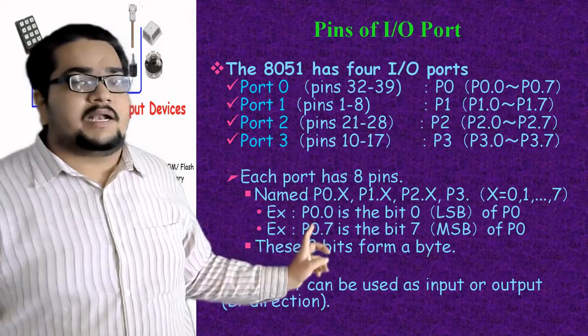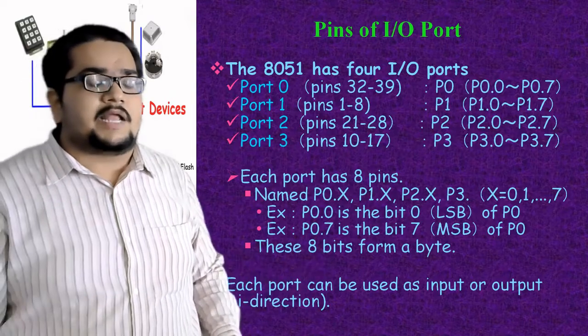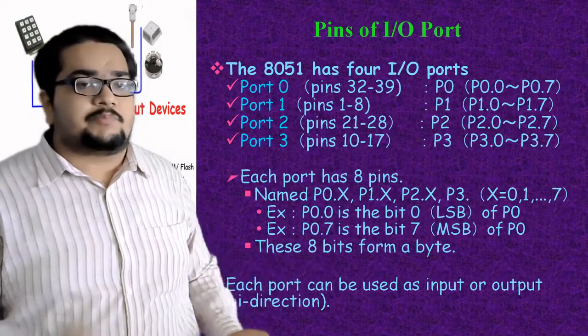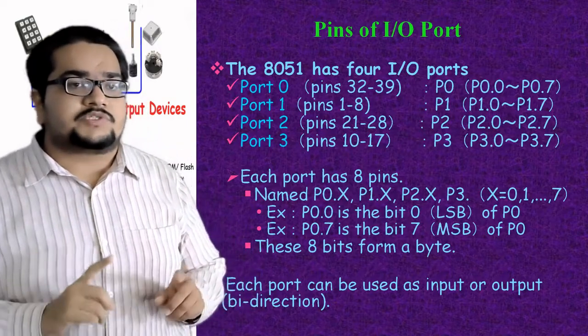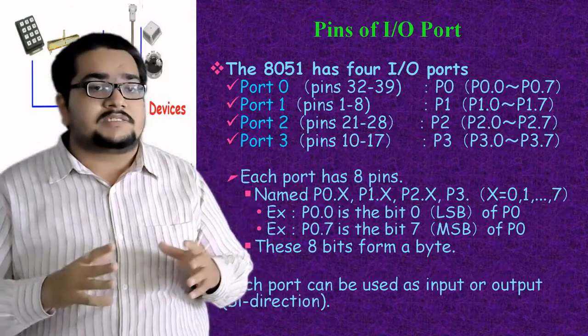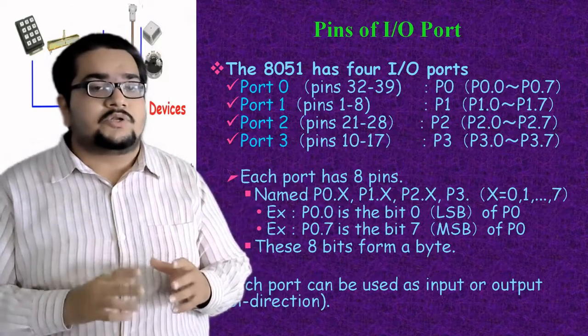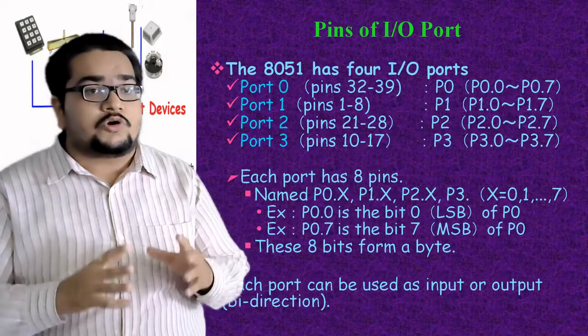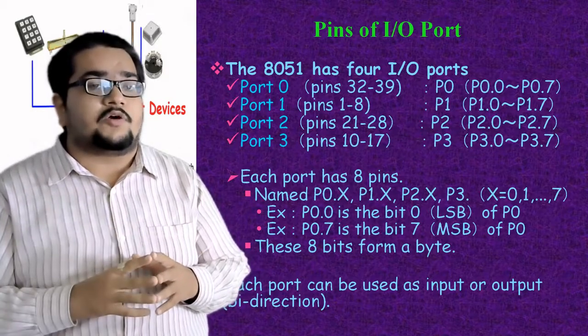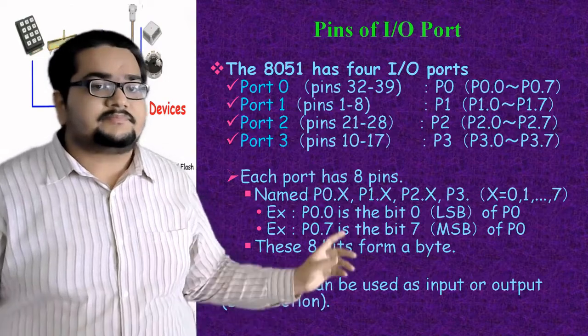This naming can also be used as it is in programming. Suppose I want to set port 0.0, I will simply write SETB P0.0. That instruction will make the port 0.0 pin, the LSB pin of port 0, as 1.